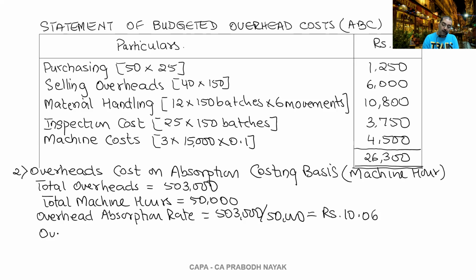So overhead cost for alpha is equal to total number of units produced, 15,000, number of hours per unit 0.1, into the rate per hour 10.06.